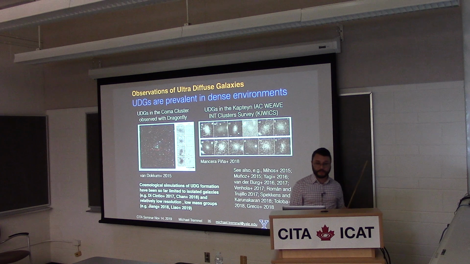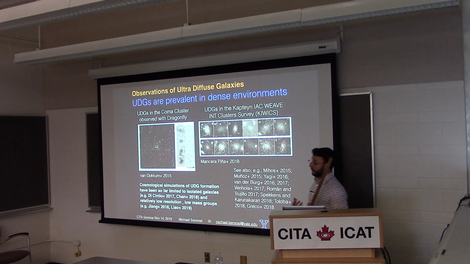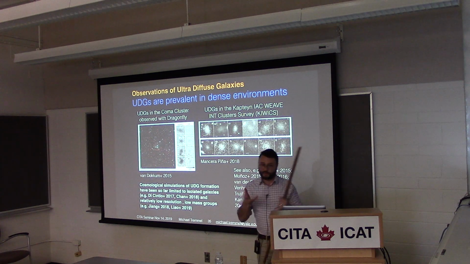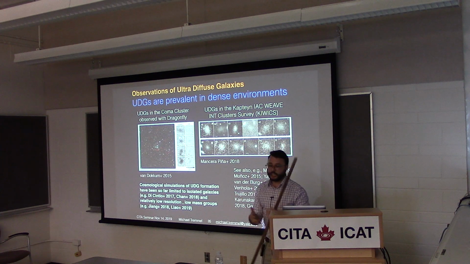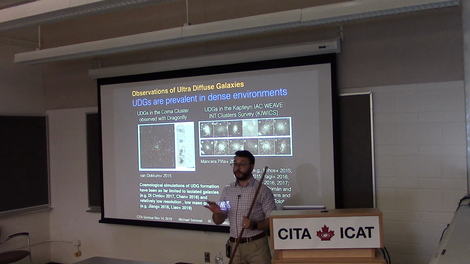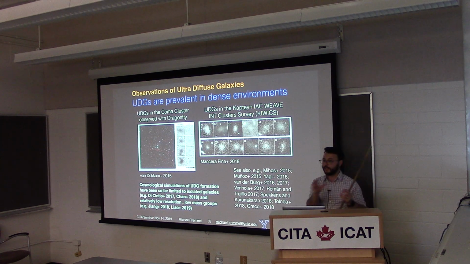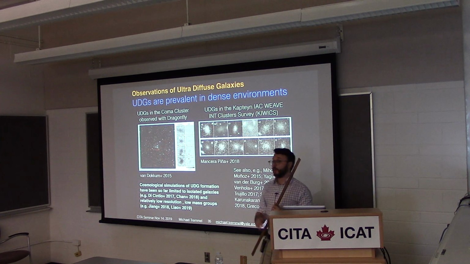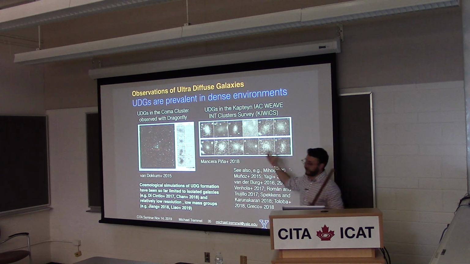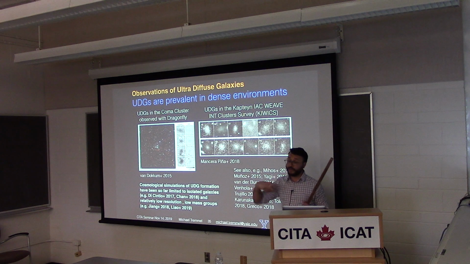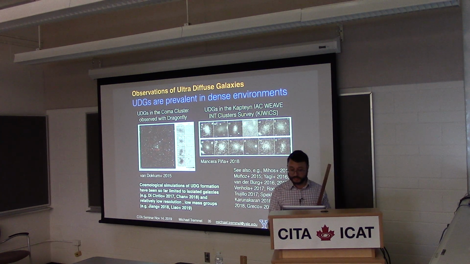They're interesting because of their low surface brightness, but so far, from the theoretical standpoint, the idea of their formation mechanism has been left only to idealized simulations, semi-analytic models, cosmological simulations of isolated galaxies, or at best galaxies in lower mass groups at low resolution. But being able to study these galaxies in a simulation that can resolve them well within a massive environment, as we've been observing them, is really important and really interesting.